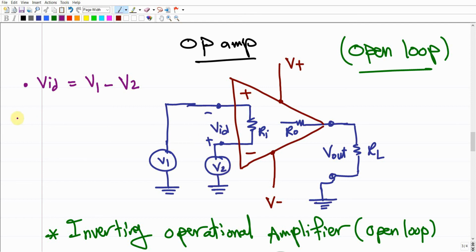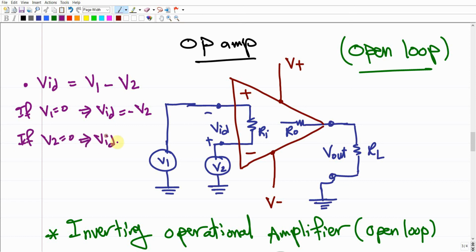And if V2 equals 0, the differential input voltage to the amplifier will equal V1.